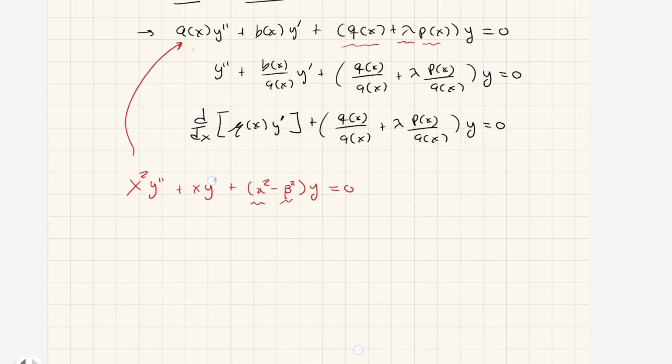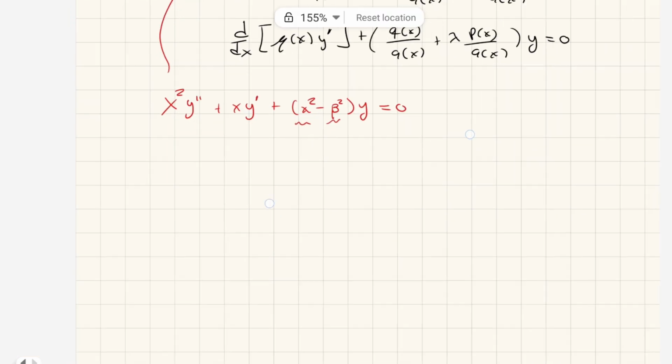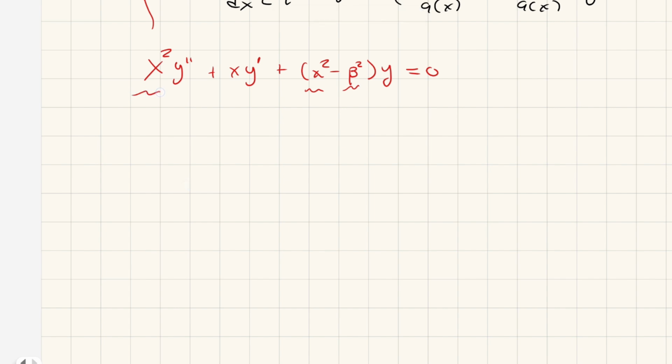As we did here, we can divide by x squared, which is the coefficient of the y double prime, to get y double prime plus x divided by x squared y prime plus (1 minus beta squared divided by x squared) y equals 0.